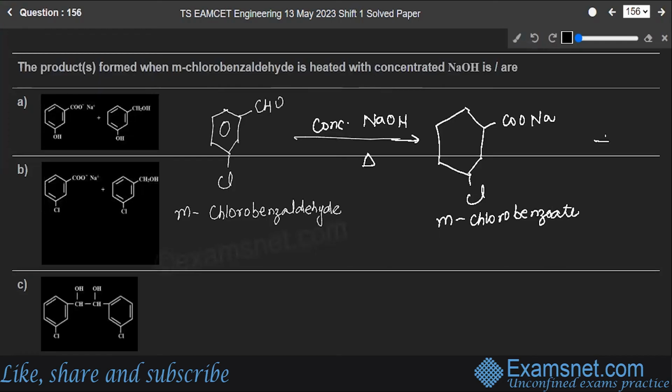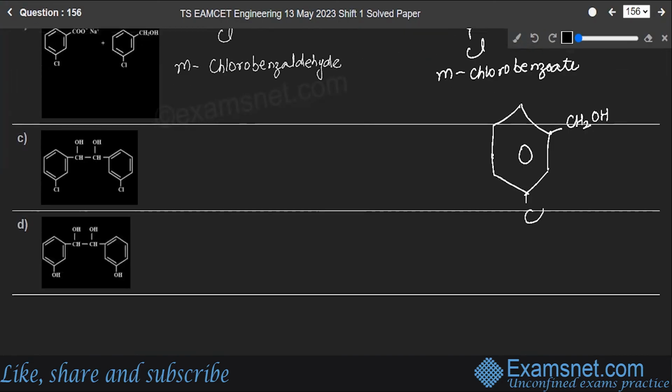And one more thing, that is this: CH2OH, and here is Cl. This is m-chlorobenzyl alcohol.